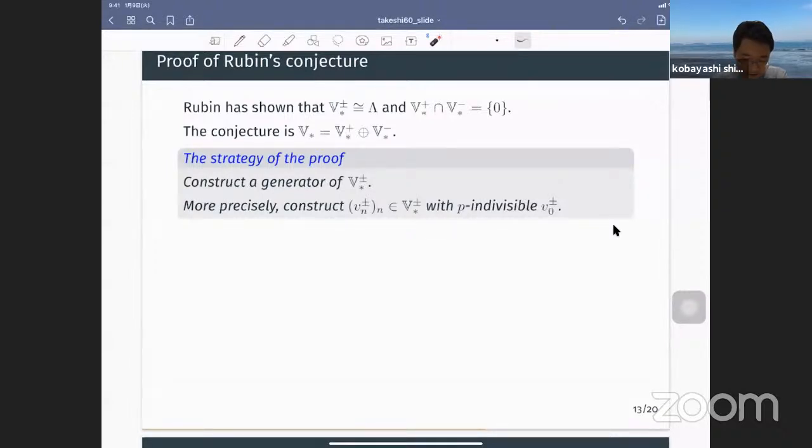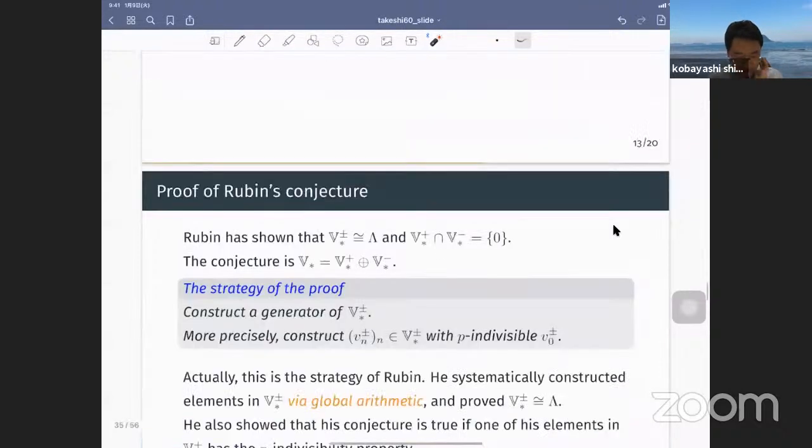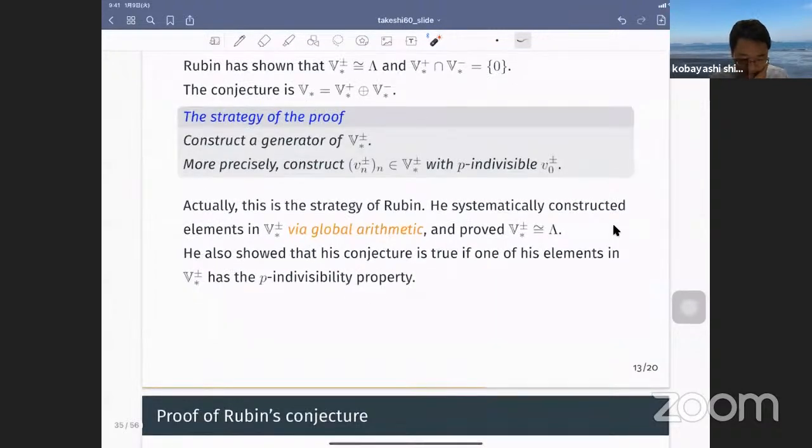So the key is to construct a candidate of a generator. And this is actually not our strategy, but Rubin's strategy. Rubin systematically constructed elements in V plus minus star via global arithmetic, namely elliptic units and Heegner points, and proved freeness.